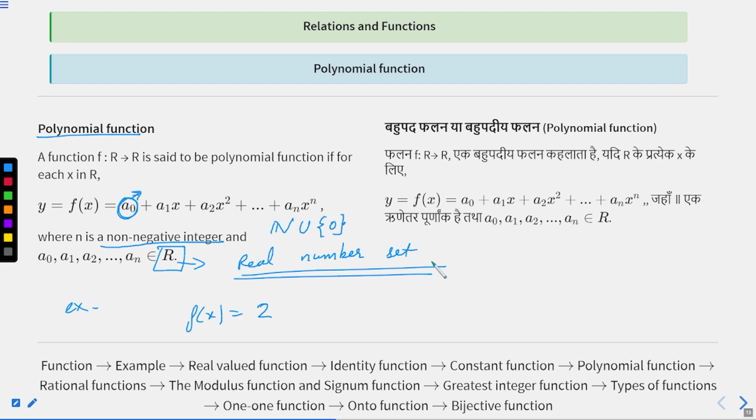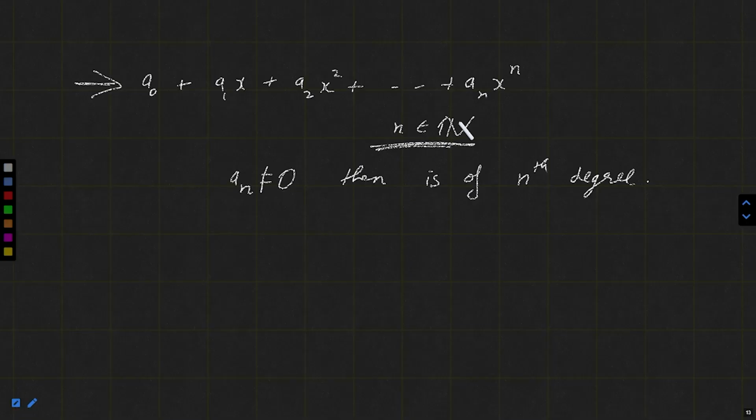So if n is 0, sorry for this little error, the n is from the non-negative integers, this means the set of natural numbers plus 0.